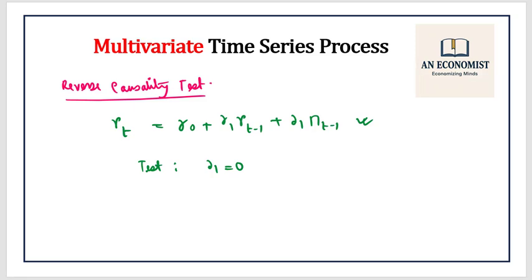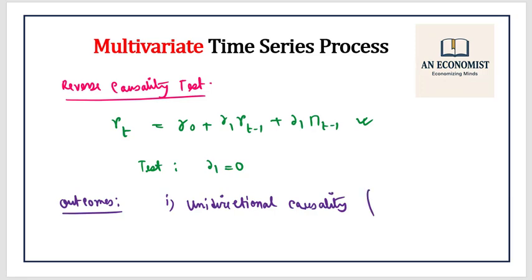So there are a few possible outcomes here. What could be the possible outcomes? First is the unidirectional causality, which basically means that RT is Granger causing pi t, but pi t is not Granger causing RT.